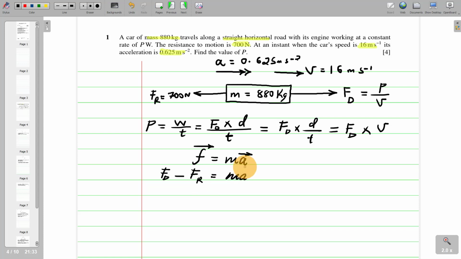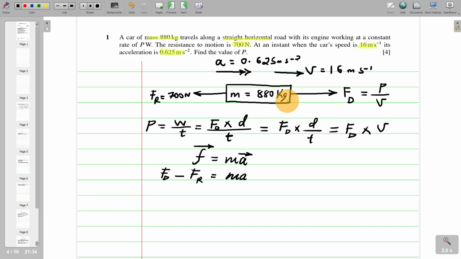So it's very important to realize that if you know the direction of the acceleration, then the resultant force must be in that same direction.